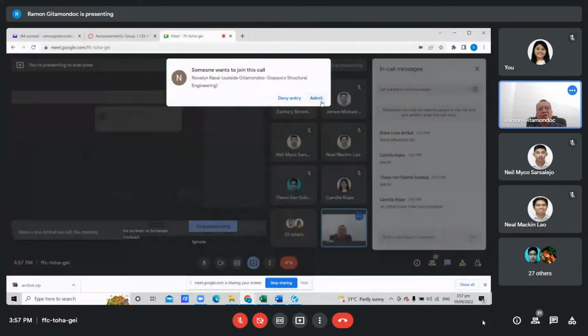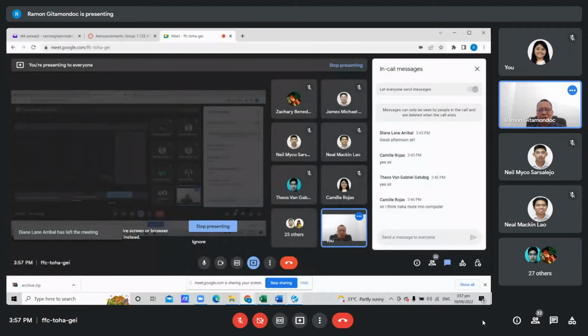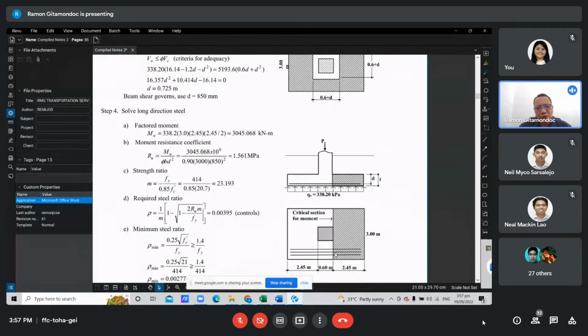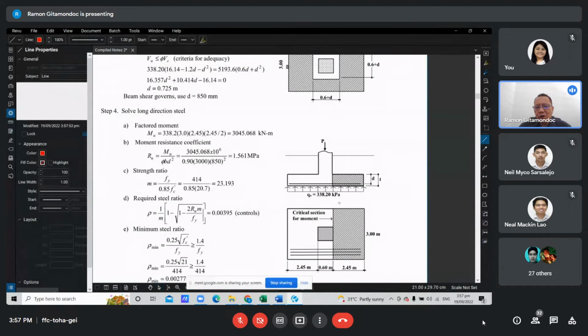So for a rectangular footing, the amount of steel required in the long direction is different from the short direction. So in step 4, we compute the long direction steel. So you understand that the long direction steel is the steel parallel to the long side, no? This steel counteracts the bending moment at the critical section here, no?